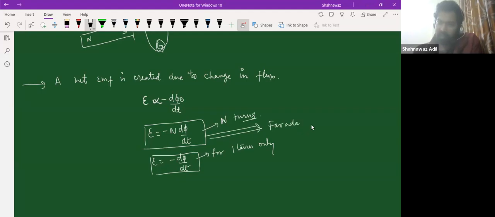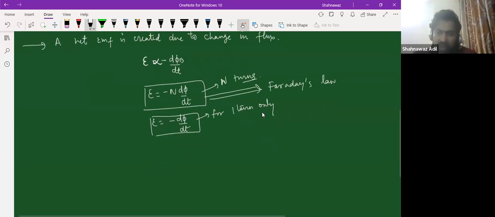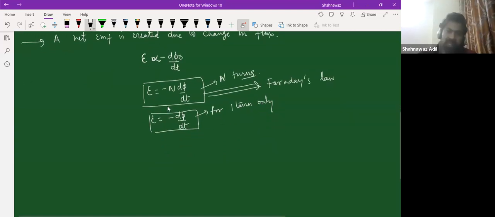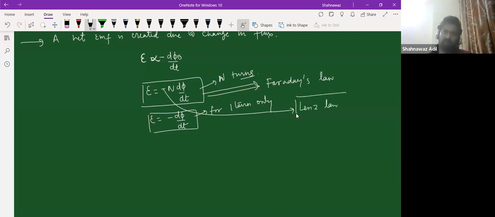Faraday found that when we change the magnetic flux, it will create an EMF, right? And this minus sign is very important, justified by the conservation of energy.